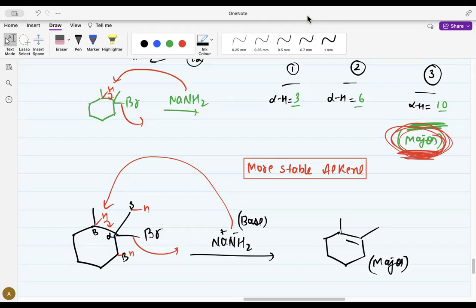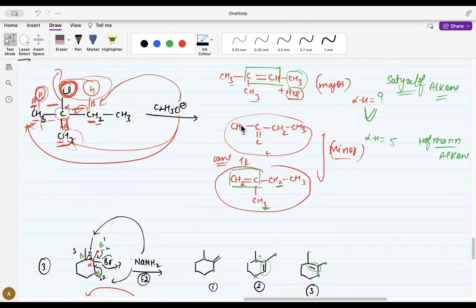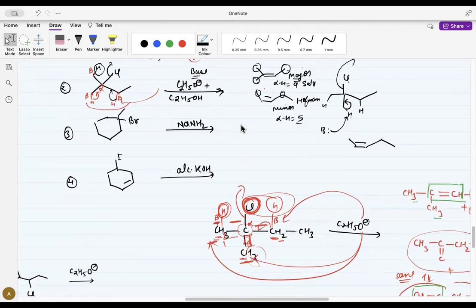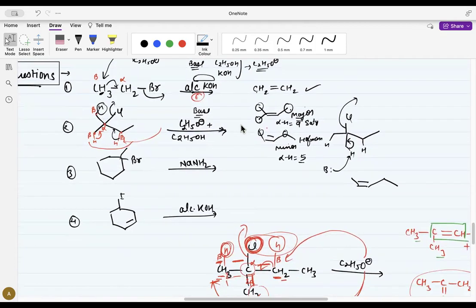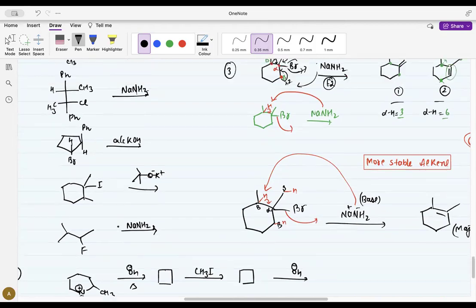So solve the last question also. One more question left. So out of these 4 questions, the first one done, second one done, third one done, we have also done. The fourth one, see, you have to do.